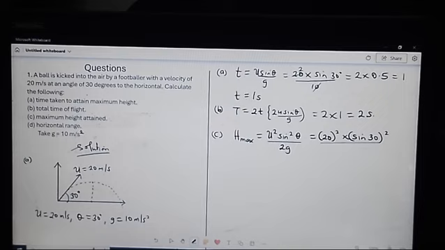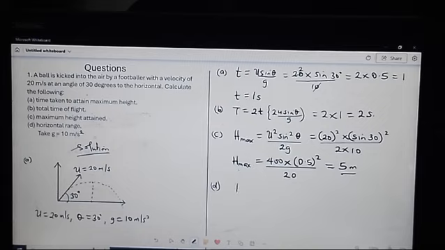Sine squared theta is the same thing as sine theta squared. So to solve this, we have 400 times 0.5 squared, because sine 30 is 0.5, all divided by 20. When simplified, this gives us 5 meters. So the maximum height is 5 meters.